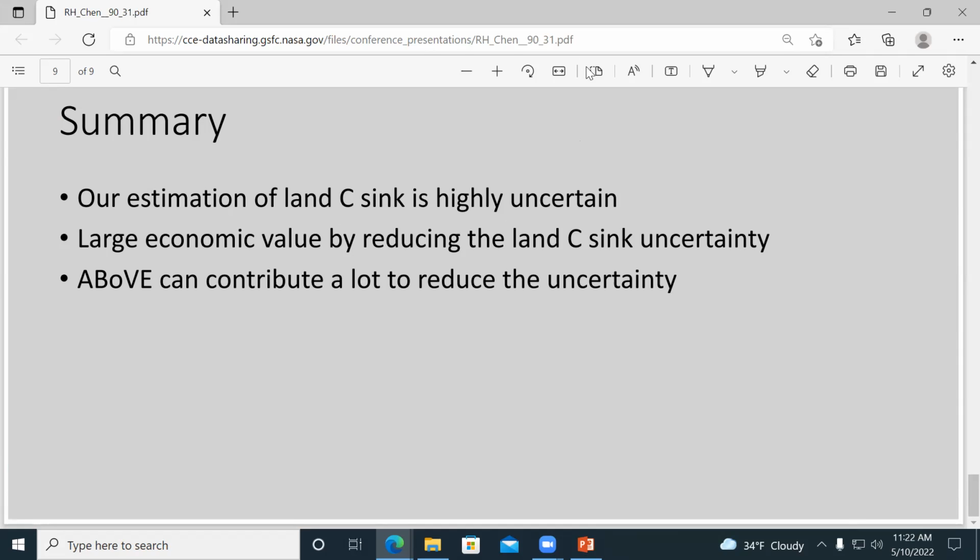The uncertainty between those models and the current land carbon sink, a lot of that is related to how they handle land use and land cover change. Because the observed land sink, if you lump land use, land cover change and the land sink all together, is pretty well constrained by observation, just that we don't really know how much land cover and land use change is happening.